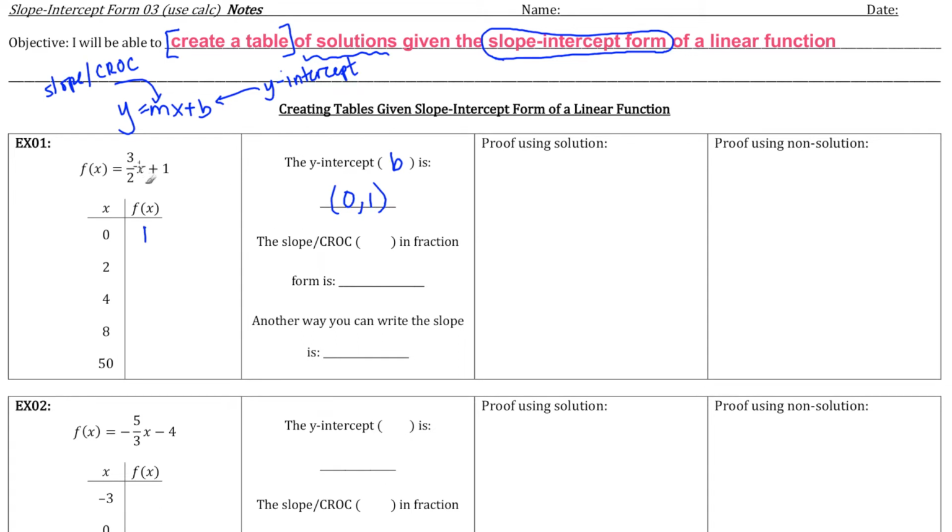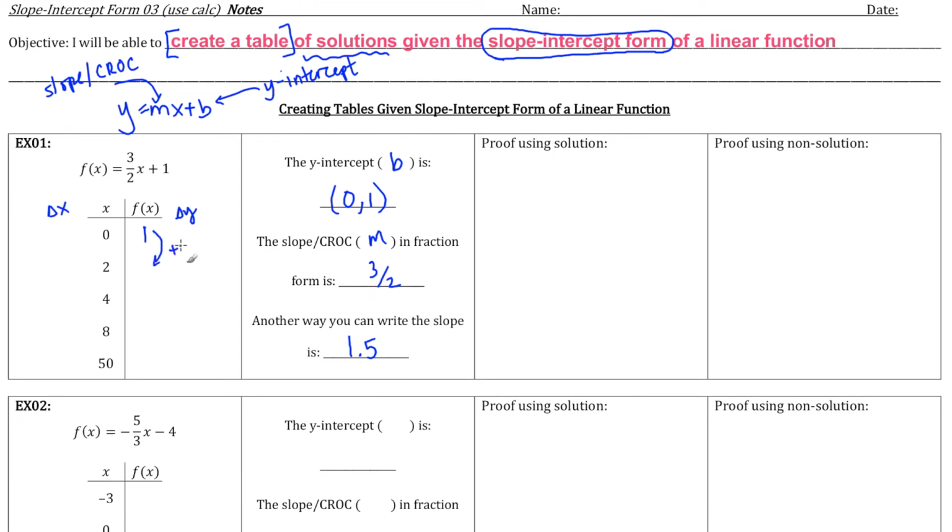Our slope is 3 over 2, so our m is 3 over 2. Another way we could write that slope is 1.5. Y'all know how to do that. So our slope is 3 over 2: change in y, change in x. How much do we change y by?